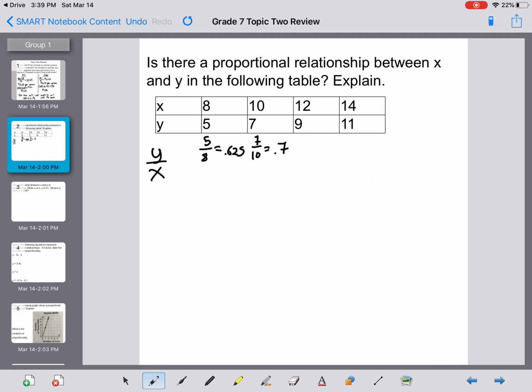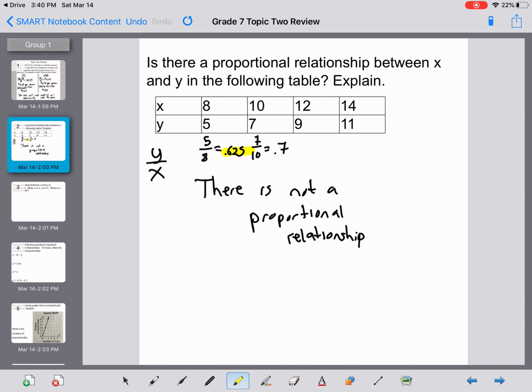I know right away that there is not a proportional relationship. In order for there to be a proportional relationship, every single y divided by the x has to be the same. Since these first two were not the same, the rest don't even matter. I know right away that that is not a proportional relationship.